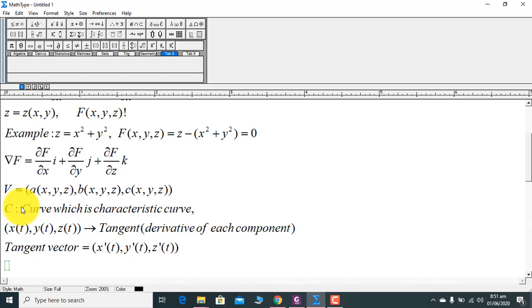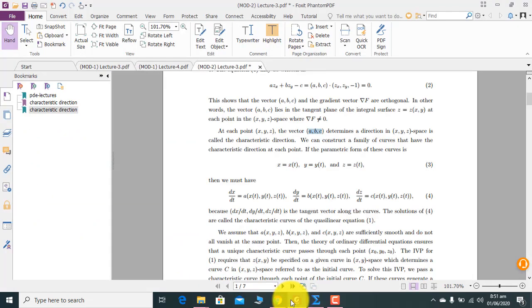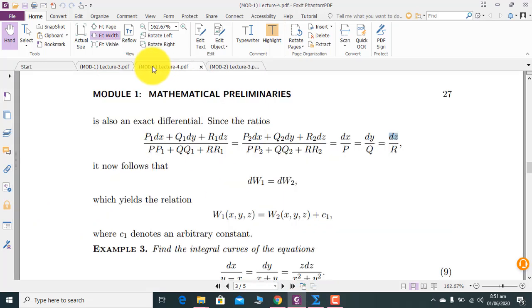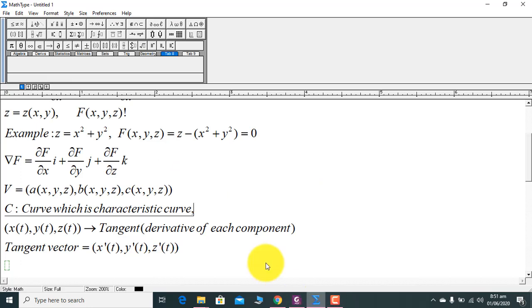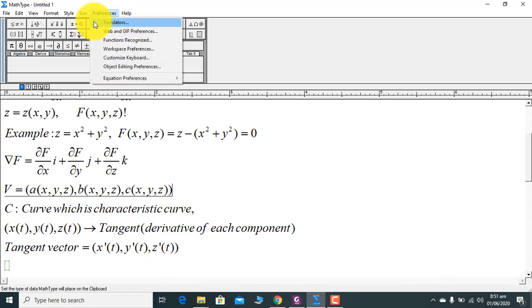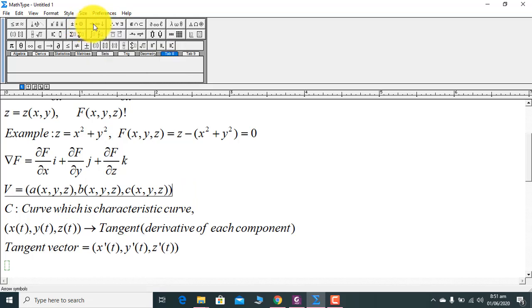How to define it? In that lecture, this curve is known as a characteristic curve because at each point of the vector field, for example, you suppose you are taking the point 1 2 3.